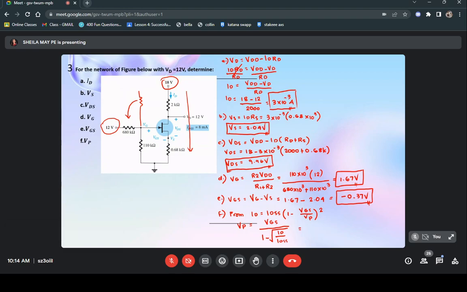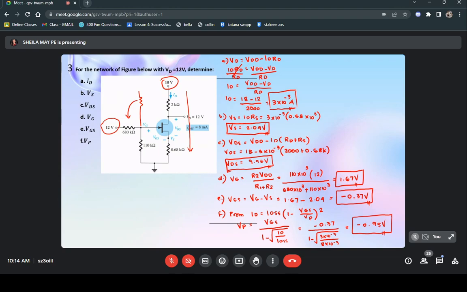So VP is VGS, negative 0.37, over 1 minus the square root of our ID, which is 3 milli, divided by the IDSS, which is 8 milliampere. So this would give us negative 0.95 volts.